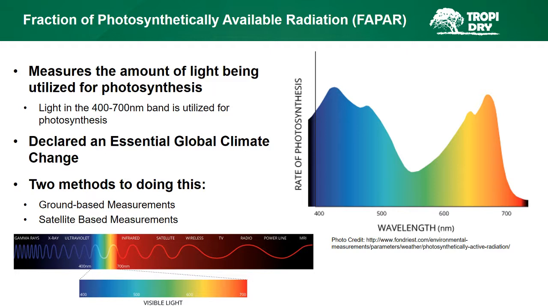The advantage of FAPAR is that it isn't so subjective to the background reflectance. So let's say that you're looking at a forest from above. You're going to be looking at the top of the forest, but then with all those gaps, you're also going to be looking at the bottom of the forest or the soil or whatever is underneath the forest.